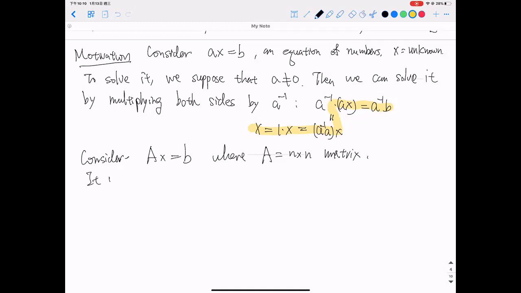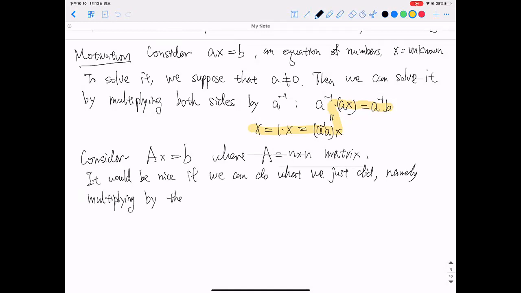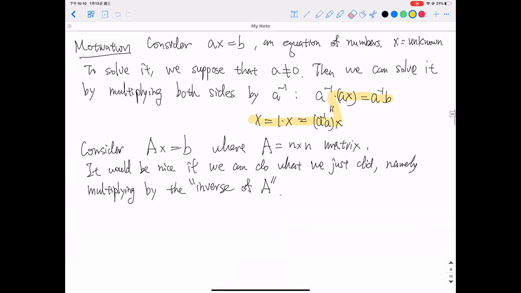It would be nice if we can do what we've done before, namely multiplying by the inverse of A. To make sense of this, you first need to explain what we mean by the inverse of A, and for that matter, we introduce a definition.